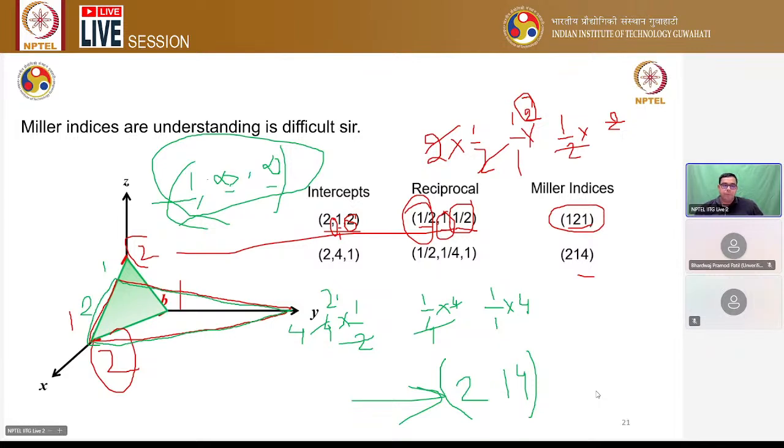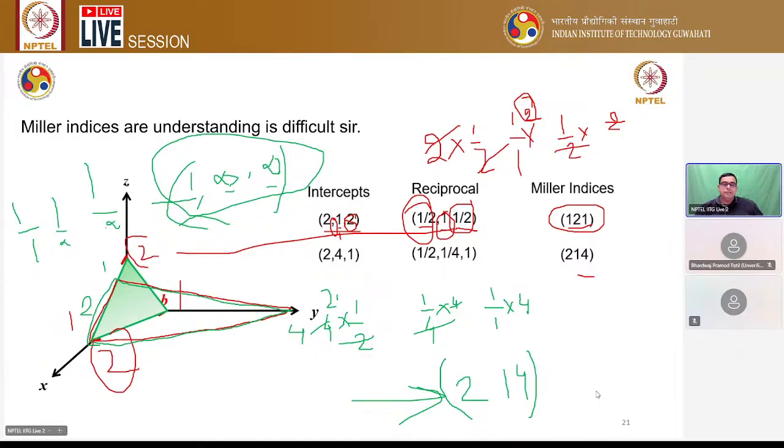So people thought to convert this in terms of Miller indices. If you convert 1, infinity, infinity into Miller indices, you have 1 by 1, 1 by infinity, and 1 by infinity.